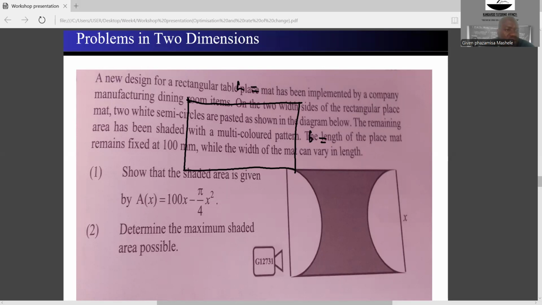The length is 100 millimeter and the breadth is x millimeter. So from this rectangle, they removed half circles. They cut a half circle, this side, a semicircle, and they also cut a semicircle of equal size. So when they remove this, they remain with this shaded part here.